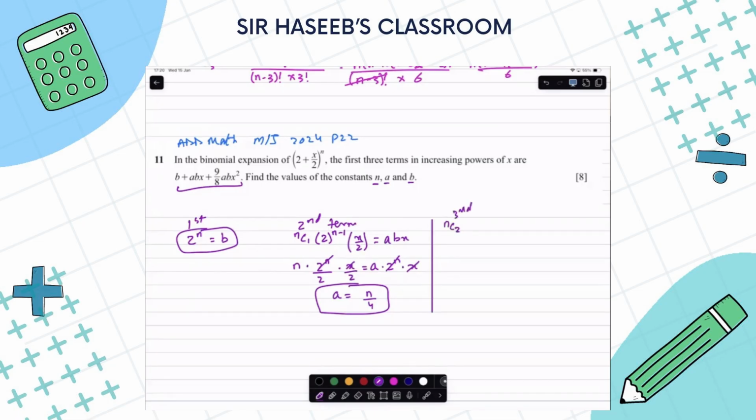nC2, 2 to the power n minus 2, x over 2 to the power 2, is 9 over 8 ab x squared. nC2 we just figured out as n times n minus 1 over 2. Got it?